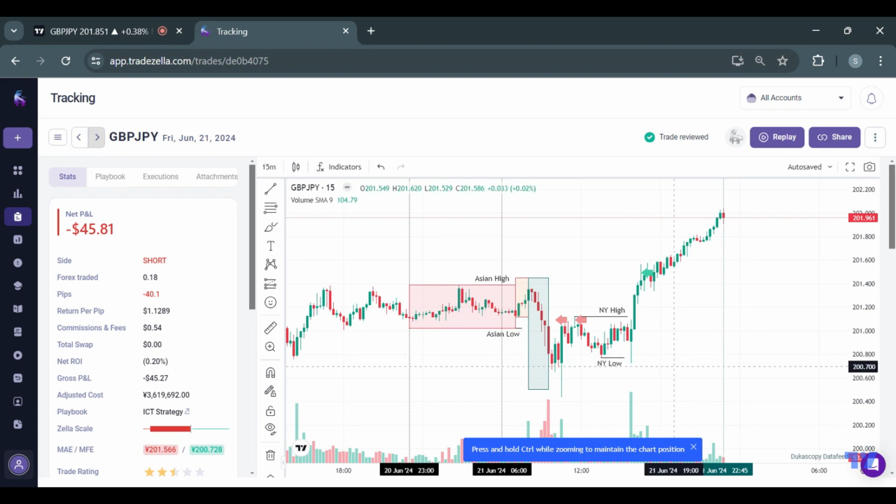the price delivery model, as ICT calls it, is basically how price transitions through various phases as volume is delivered in the market.